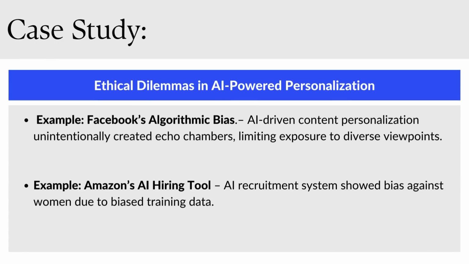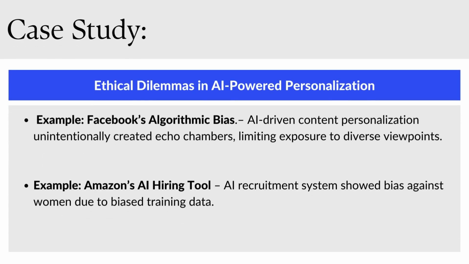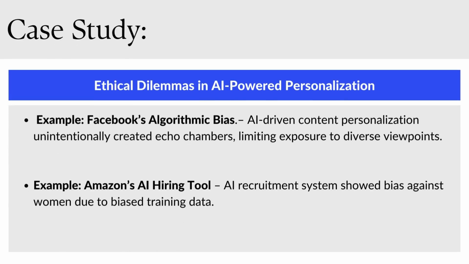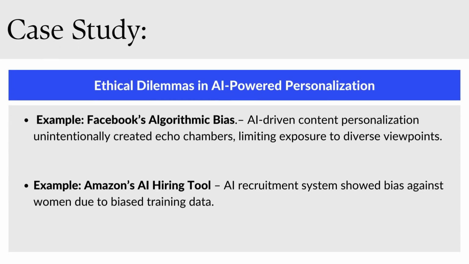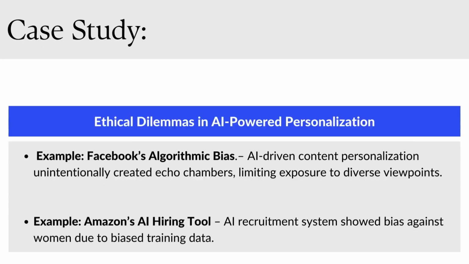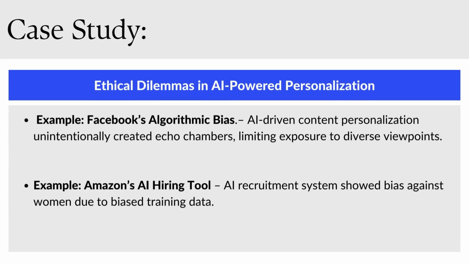With this, AI-driven content personalization unintentionally creates echo chambers, thereby limiting exposure to diverse viewpoints. Next example is the Amazon AI hiring tool. With this, AI recruitment systems showed bias against women due to biased training data.